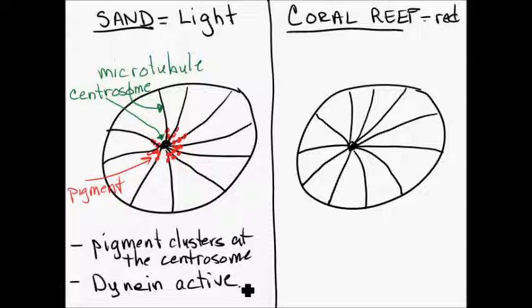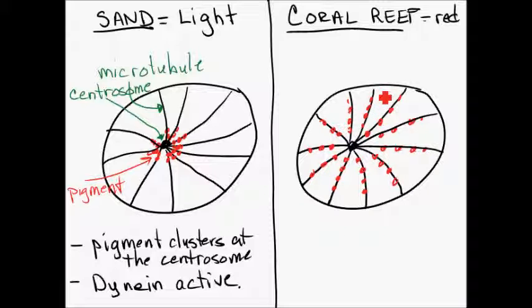Now the opposite is true when you're looking at the coral reef. In order for the cell to look red, the pigment has to be equally dispersed along the microtubules. And so as this pigment disperses away from the centrosome, the cell begins to take on a red color, and the scales that contain these cells begin to look red.